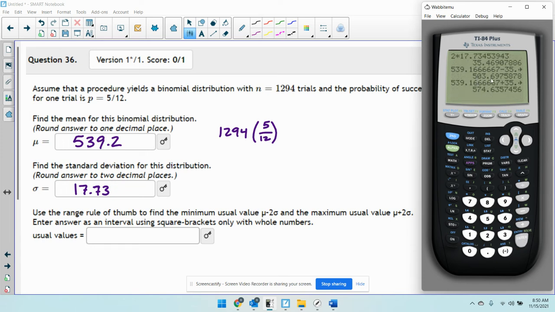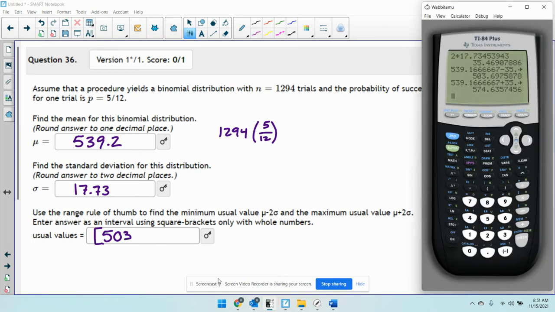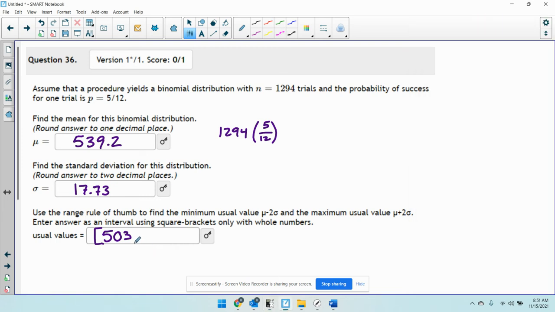So this goes from 503.6975 to 574.6357. The weird thing is here, no matter what these decimals are, the lower bound, which is 503, I'm going to round down. So this is going to be 503 up to 574.6, round that, always round that up regardless of the decimal, up to 575. Okay, just follow this formula. Mu minus 2 sigma and mu plus 2 sigma.